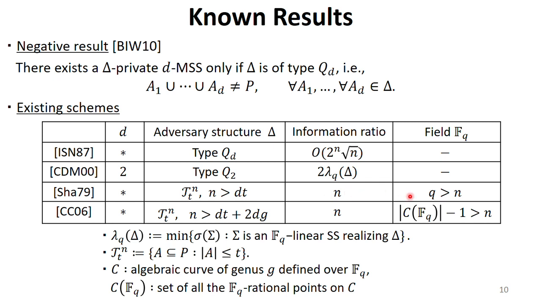And finally, to reduce the field size of Shamir's scheme, d-multiplicative schemes based on algebraic curves were devised. So if we choose an algebraic curve with many rational points, then we can construct d-multiplicative schemes over a smaller field than the Shamir scheme. But this scheme requires a bit more players in the protocol.